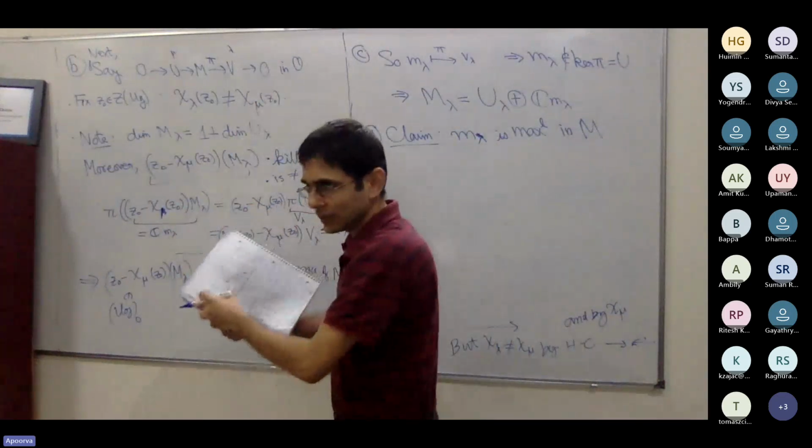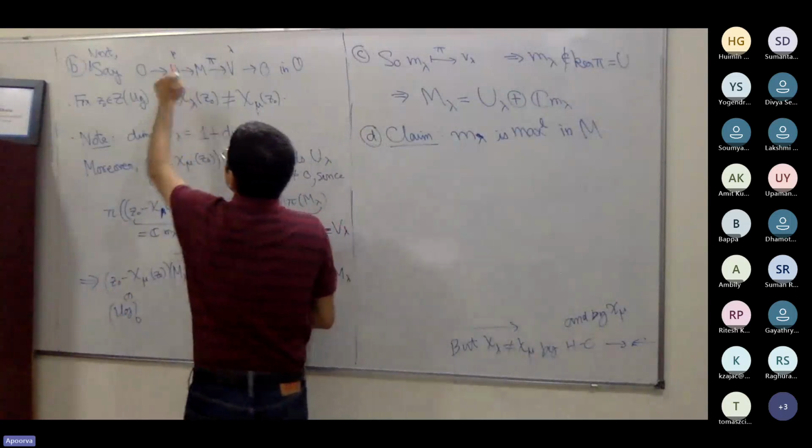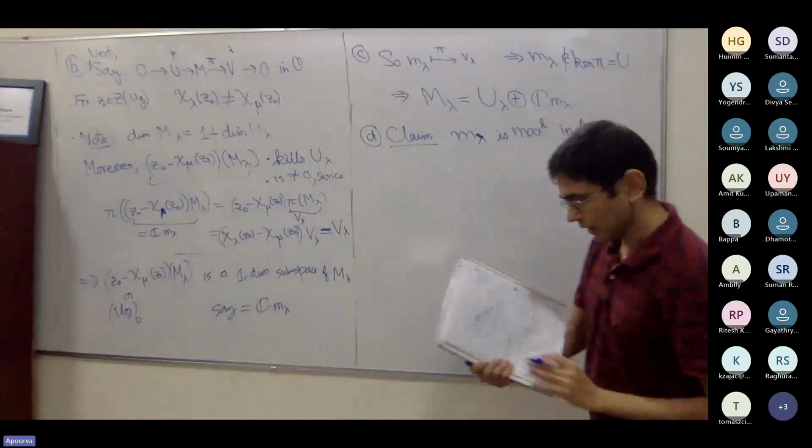Then we will look at the module it generates, prove it intersects U trivially, and then we compare characters.